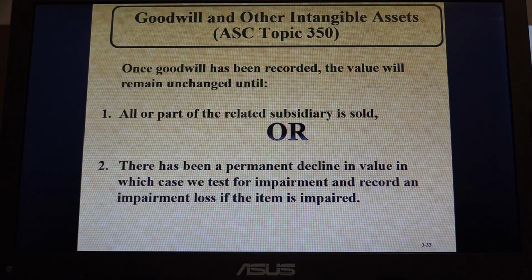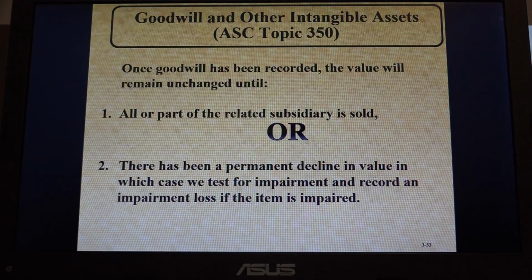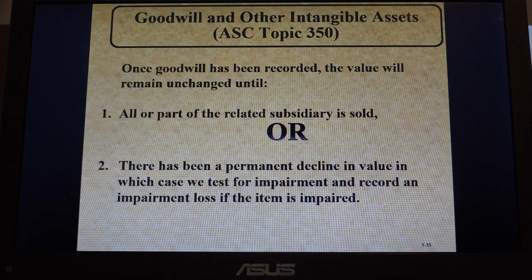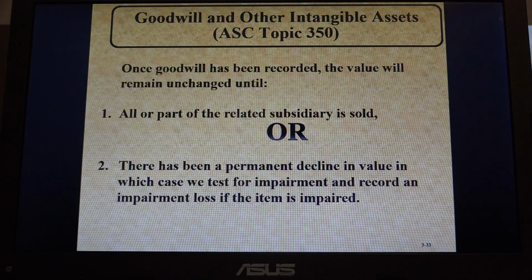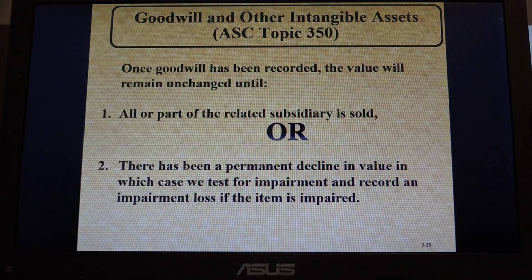And so FASB, realizing this, decided to allow companies to start out by performing a qualitative test to see if goodwill had been impaired.